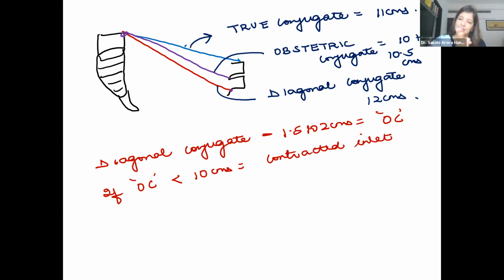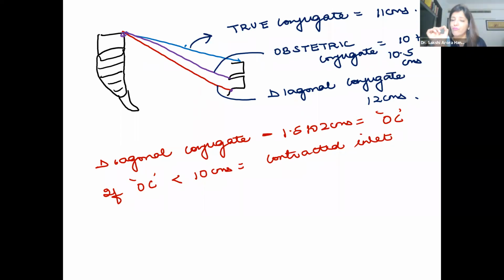Because true conjugate is 11 centimeters, obstetrical is 10 to 10.5, and diagonal is 12. So I am not bothered about the diagonal conjugate because it is the largest diameter. I am worried about the obstetrical conjugate because if it is less than 10 centimeters, then that means the inlet of the pelvis is contracted, and such a pelvis will be called a contracted pelvis.